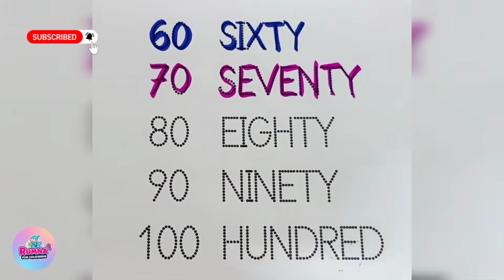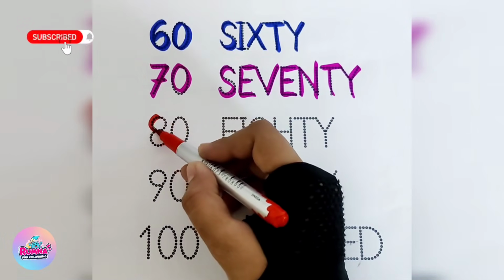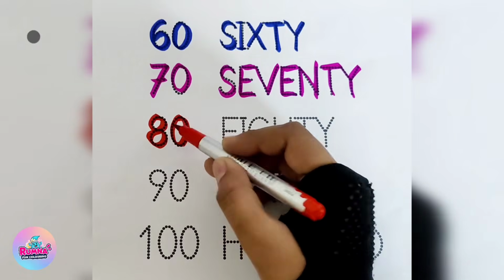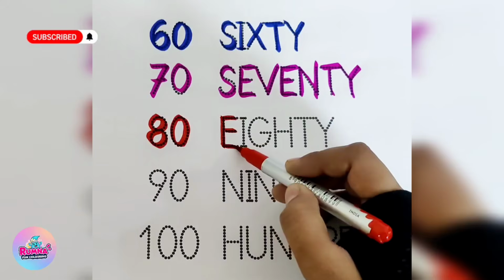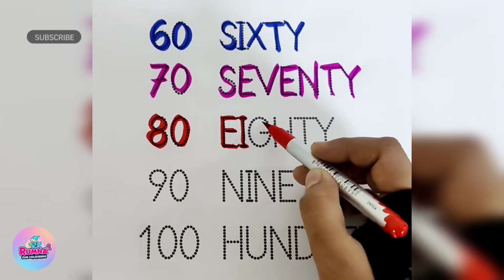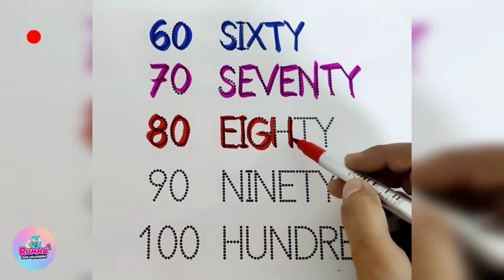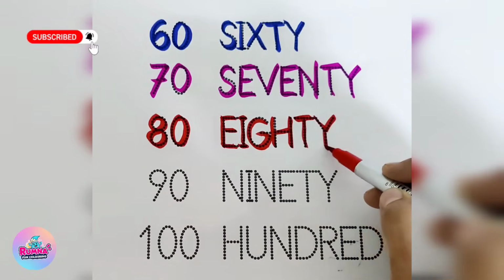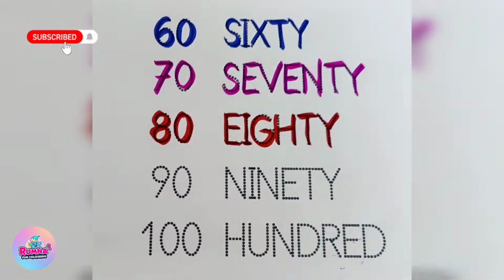80. Its spelling is E, I, G, H, T, Y. 80. EIGHTY 80.